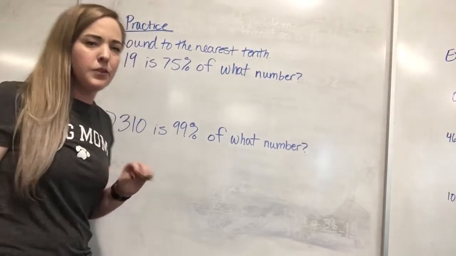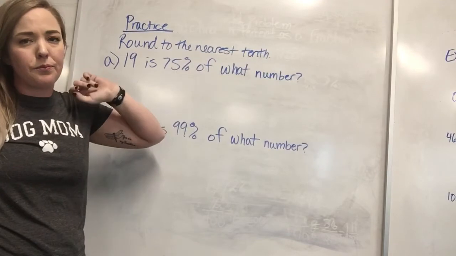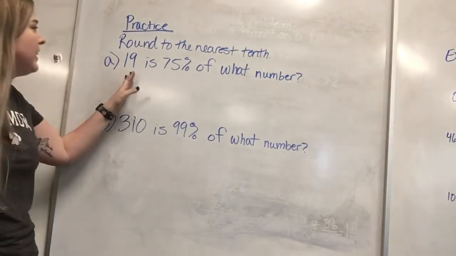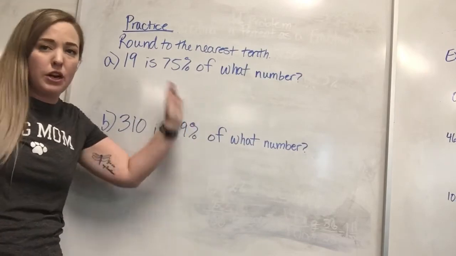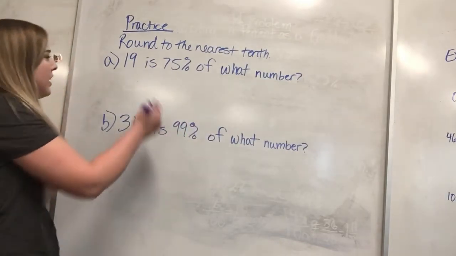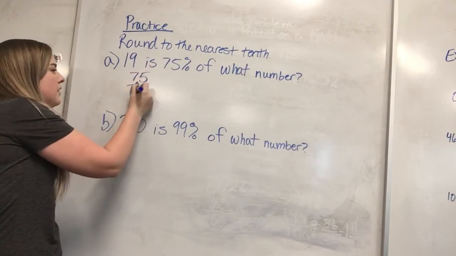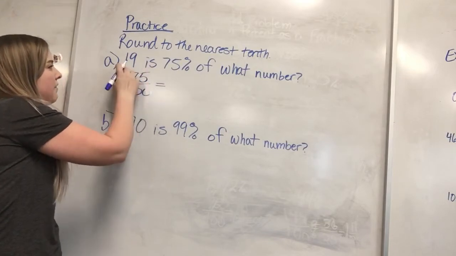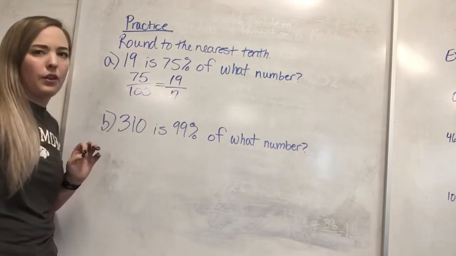All right, so we're going to round to the nearest tenth. All right, so 19 is 75% of what number? So remember, we're finding the whole, so we already know what part of the portion isn't going to be there. Okay, so we're going to put 75 over 100 because we always do that with percents. All right, and 19 is the part in the numerator, and we don't know the whole yet.